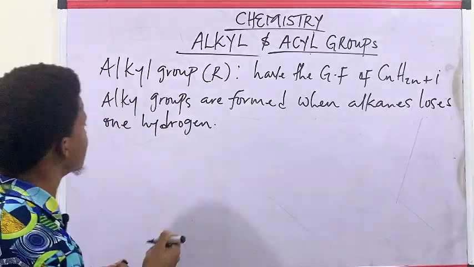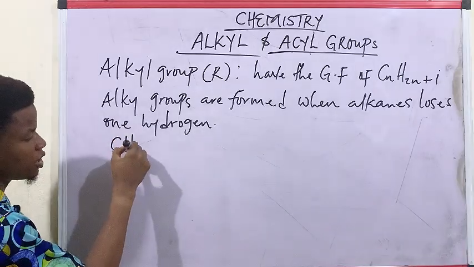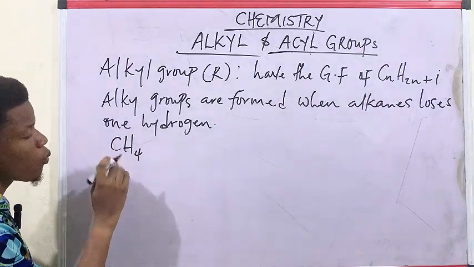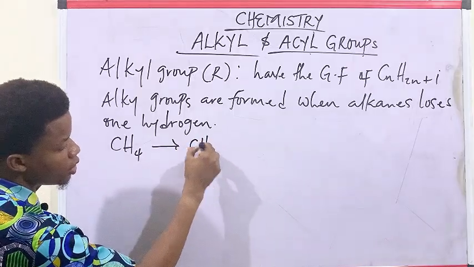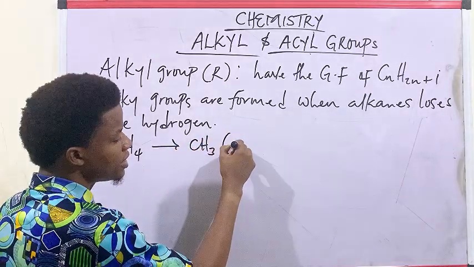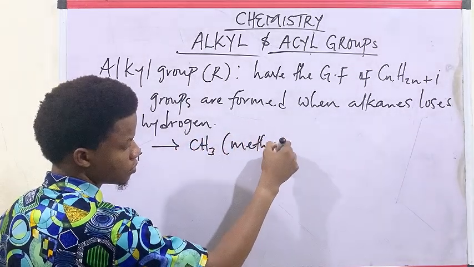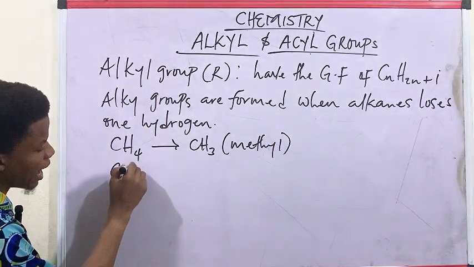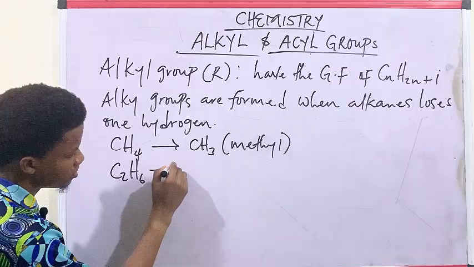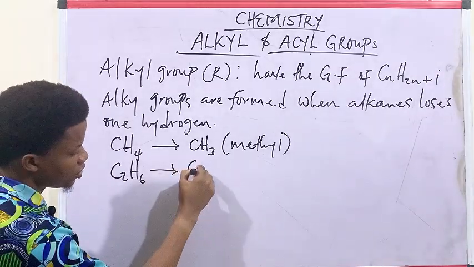So if you take, for example, methane, CH4, if you remove one hydrogen from methane, what do you get? CH3. This is known as a methyl. If you remove one hydrogen from ethane, C2H6, what do you get?